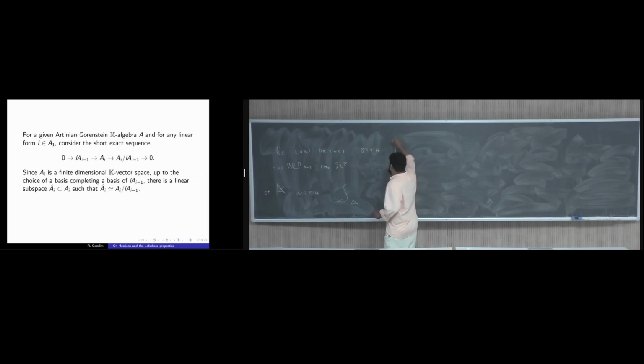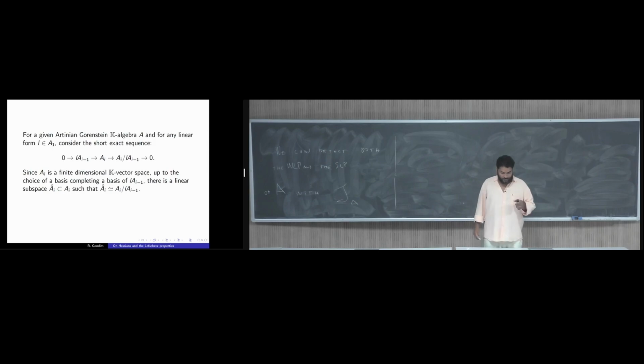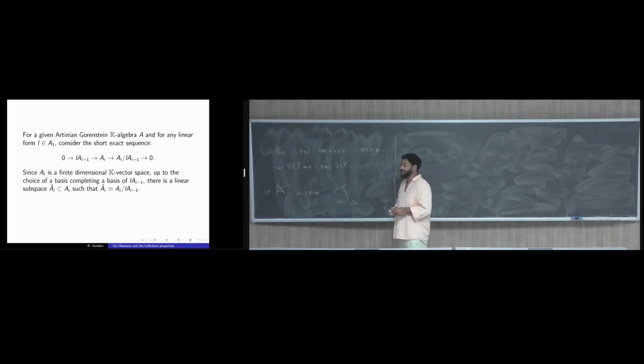From now on, we are going to go in the direction of giving an algorithm to compute the Jordan types for an AG algebra.